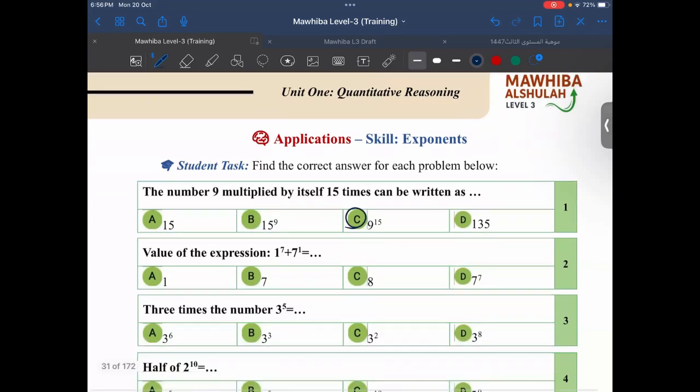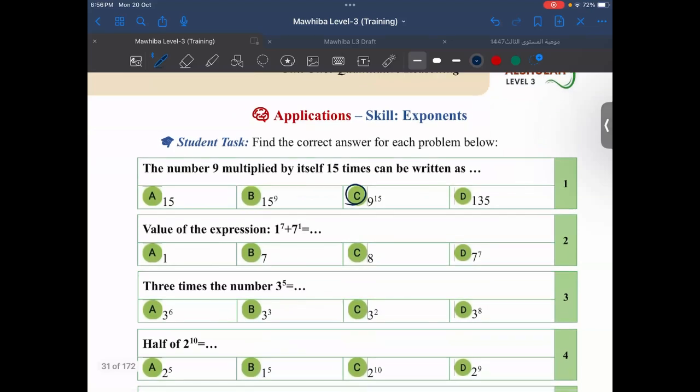Yalla, let's see question 2. The value of the expression here is... from the online, Fatima, Hashim, or Salman, do you want to answer? Yes, Fatima. Is it 2?